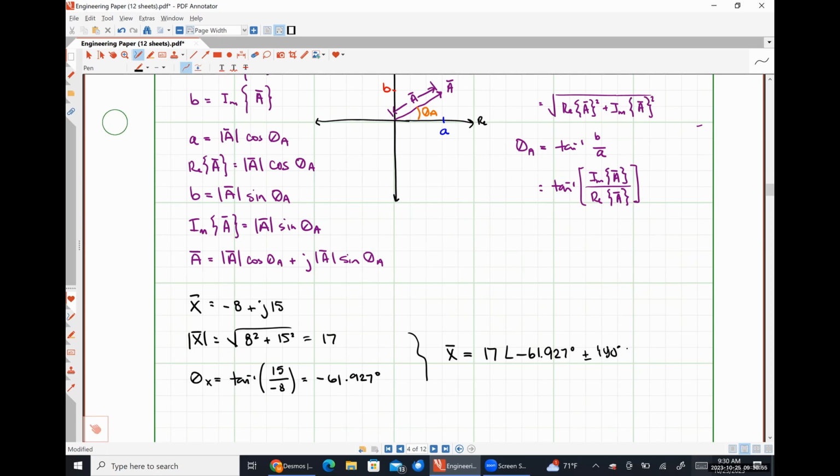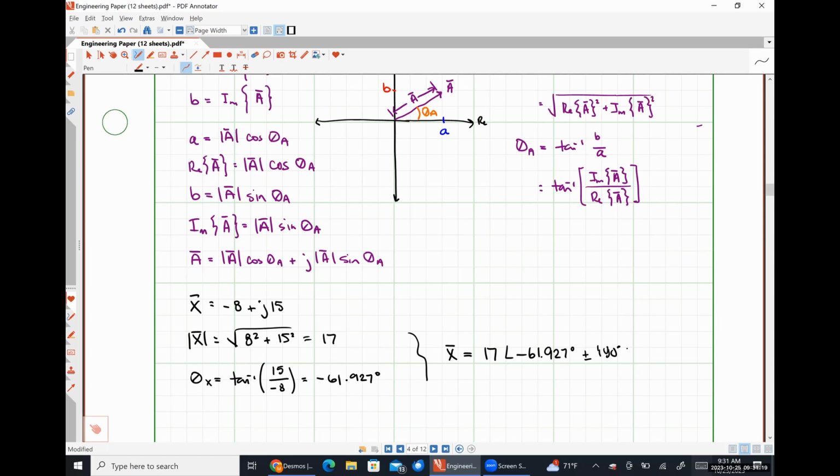All right, so for you Casio folks, I would enter this number in as -8 plus 15, and then I press the ENG or the engineering button, and that is how I get my imaginary operator i or j.